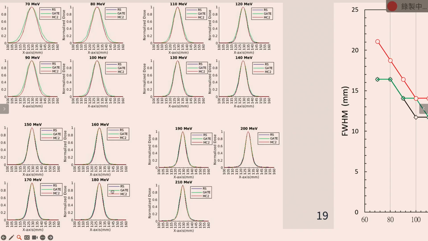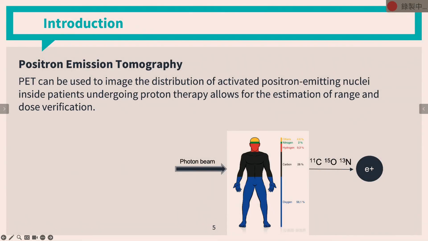When we scan the PET, it will detect the positron emitting nuclides inside the patient, so they come from the patient. Prompt gamma is also a secondary emission, and we cannot detect it because it is too fast. But the positron emitting nuclides, we can detect when we scan the PET.